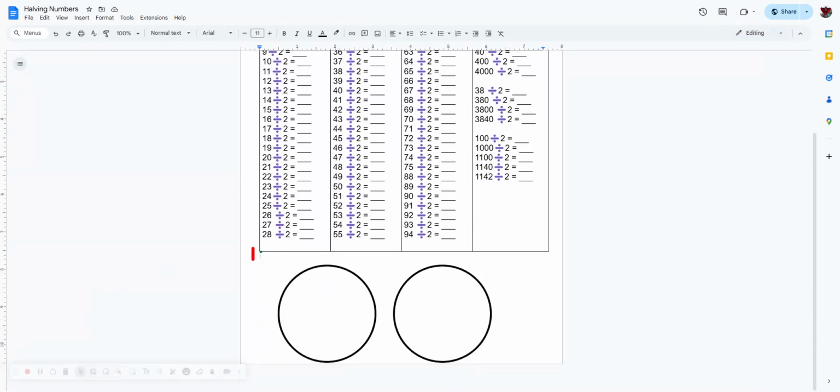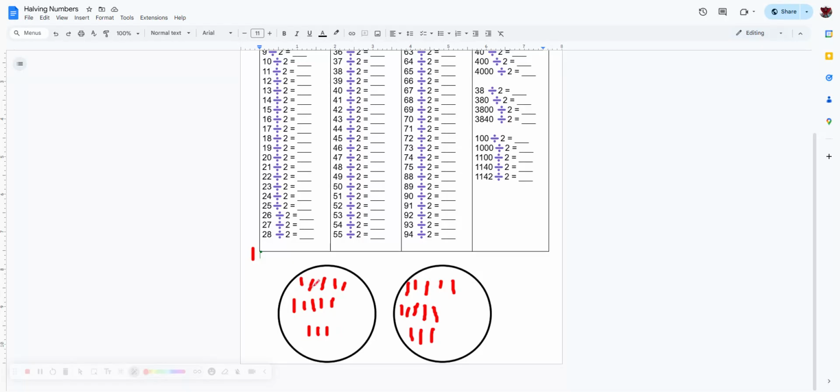Okay, let's try a bigger number, a bigger dividend. Let's go all the way up to, say, 26. Okay, I'm going to half 26, splitting it in half. So again, I'll use my 2 circles and I'll start putting counters in them. 1, 2, 3, and so on, up to 26.